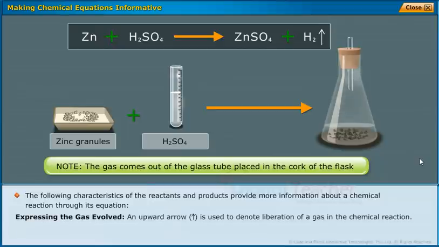Expressing the gas evolved. An upward arrow is used to denote liberation of a gas in the chemical reaction. The example is provided on the screen.